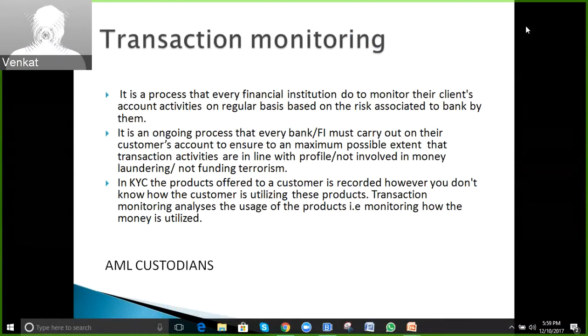Stage two is where CDD happens, or the risk rating gets identified: what kind of customer he or she, or a company, is. Stage three is CAP, the customer acceptance policy, where we decide whether we can onboard this entity as per the risk. The fourth stage is ongoing monitoring, which is nothing but transaction monitoring.